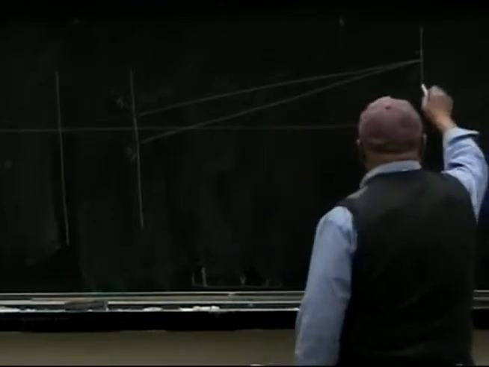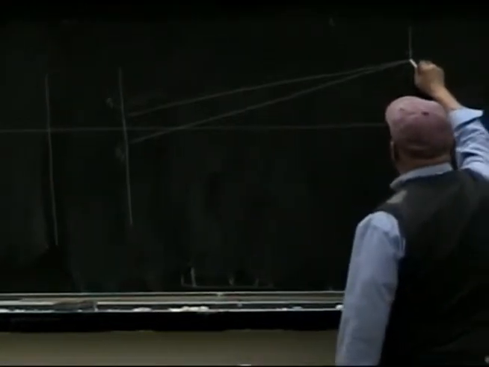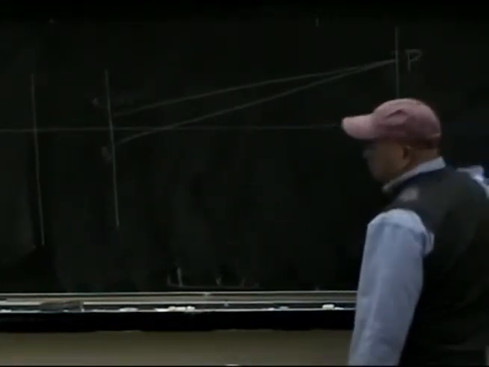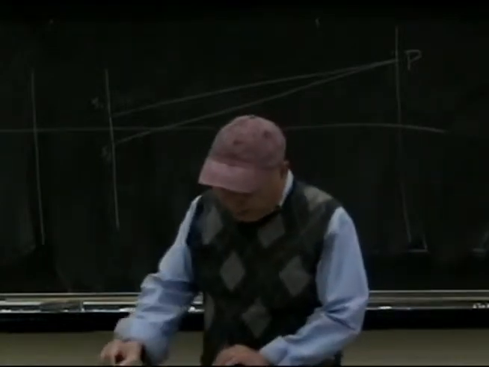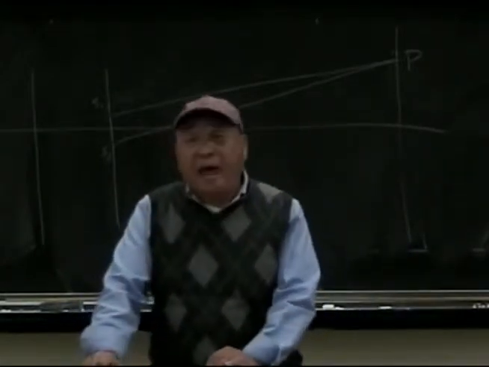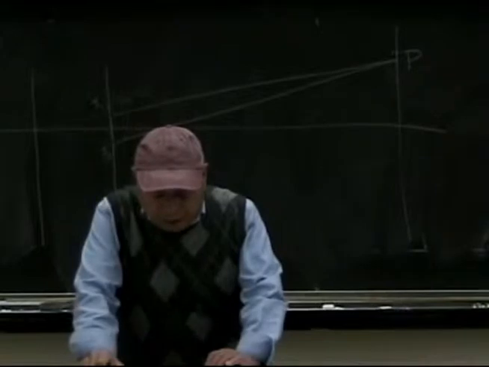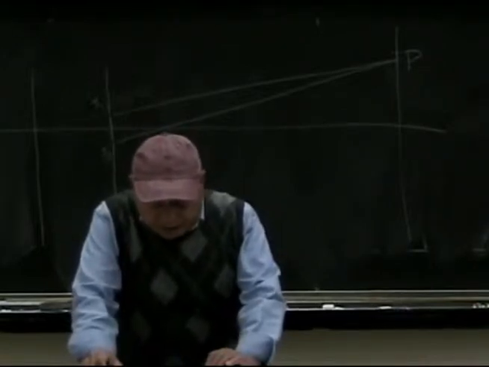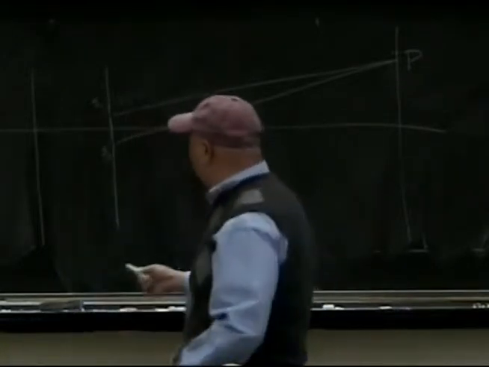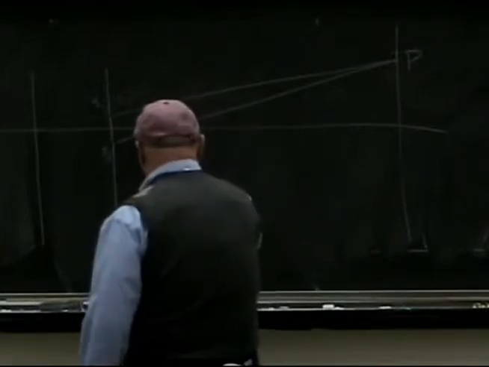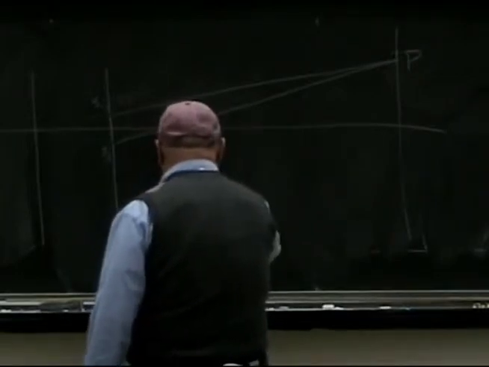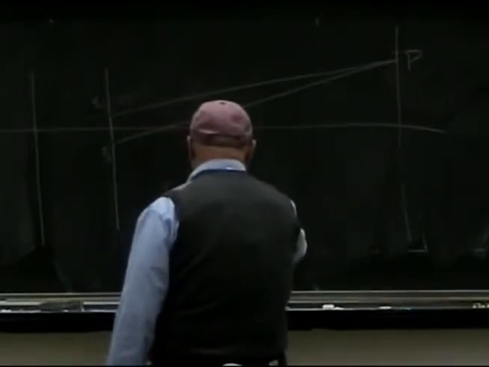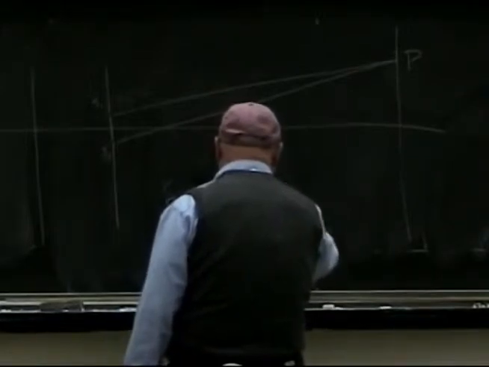In which case this we call P. So we'd like to find out the path length difference between S1P and S2P. So that's what we'd like to see, the delta, S2P minus S1P.